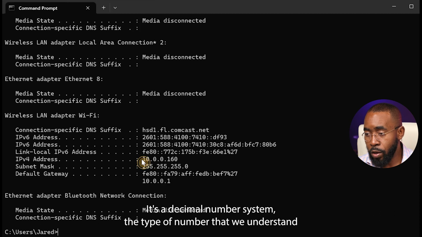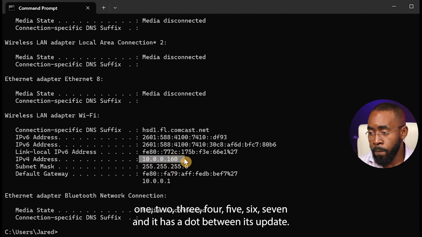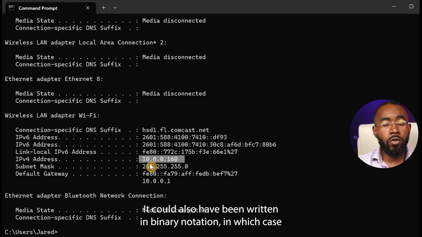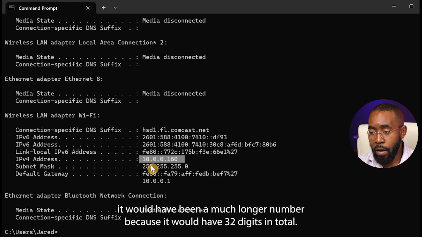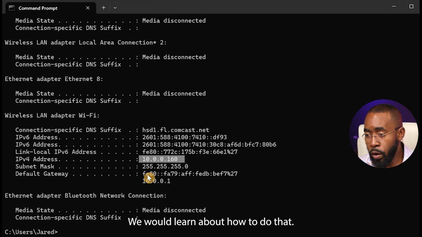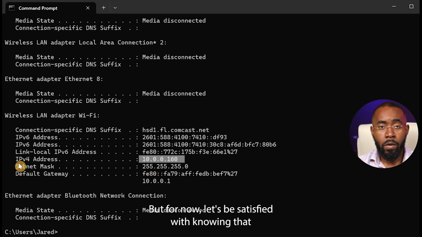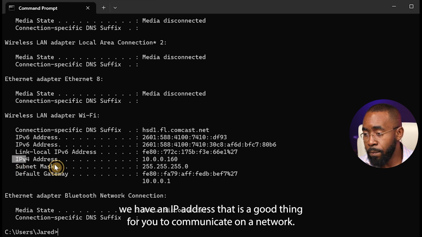It's the decimal number system, the type of number that we understand, 1, 2, 3, 4, 5, 6, 7, and it has a dot between each octet. It could also have been written in binary notation, in which case it would have been a much longer number because it would have 32 digits in total. We will learn about how to do that. But for now, let's be satisfied with knowing that we have an IPv4 address.